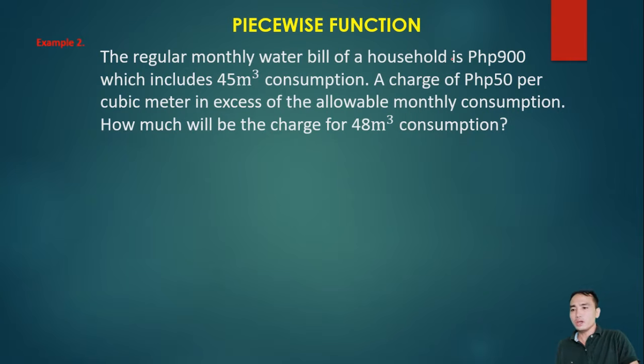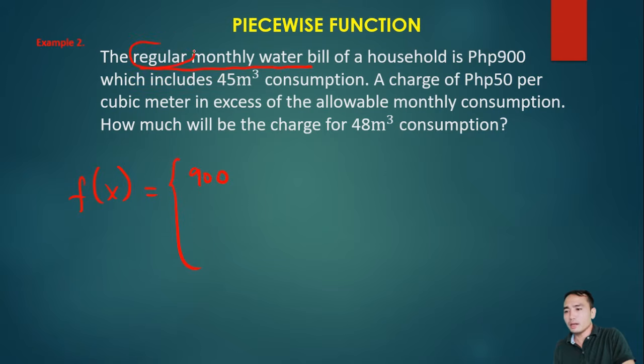So we have conditions. f of x is equal to 900 pesos. Ito yung babayaran natin per month. Regular monthly water bill.